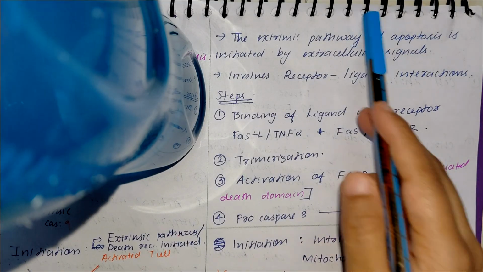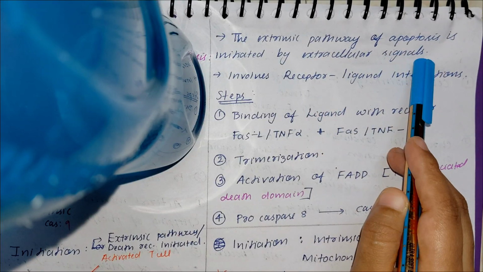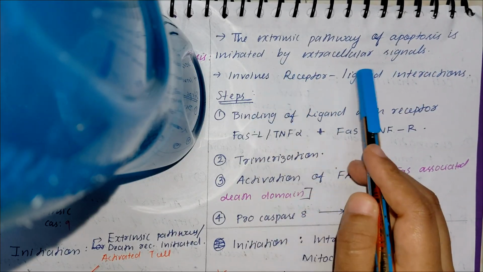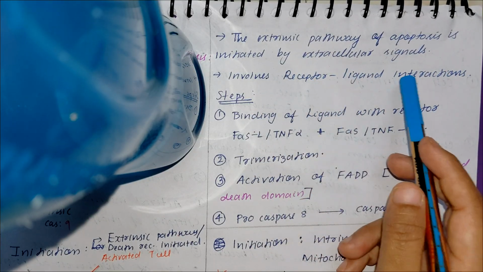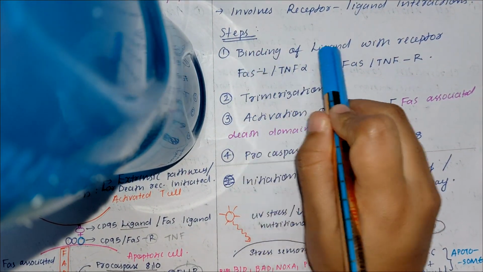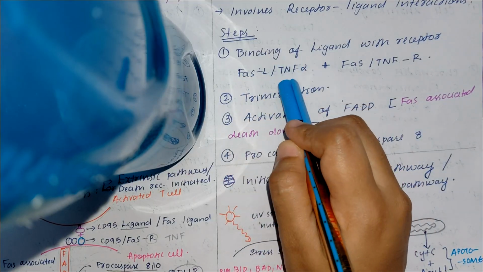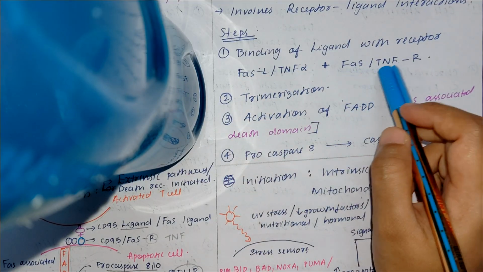Now, the extrinsic pathway of apoptosis is initiated by extracellular signals. It involves receptor-ligand interaction, as I have shown. Now let's put it into words. What are the steps? First is the binding of the ligand with the receptor: FAS L or TNF-alpha plus the FAS TNF receptor.